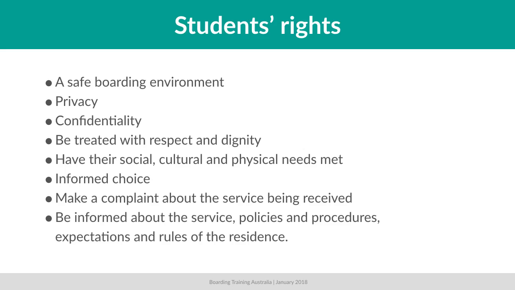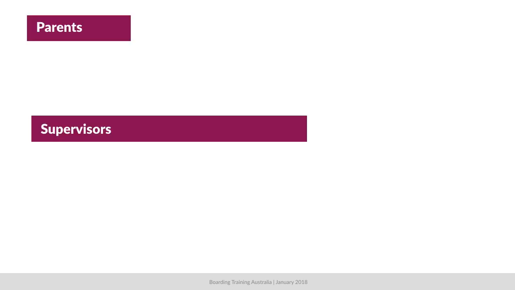So these are the sort of things that are students' rights: a safe boarding environment, privacy, confidentiality, to be treated with respect and dignity, to have their social, cultural and physical needs met, to have informed choice, to be able to make a complaint if they want, and to be informed about the service, policies and procedures, expectations and rules.